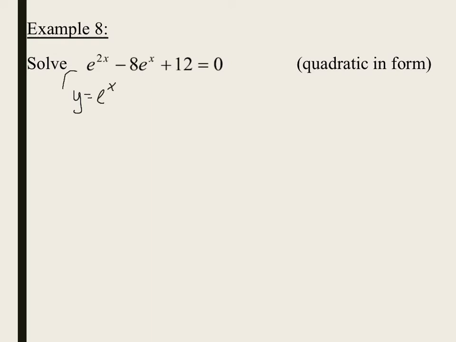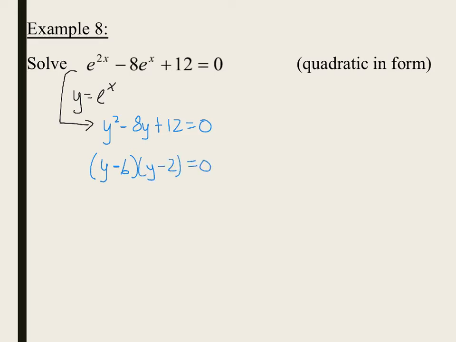And now I'm going to rewrite this equation as y squared minus 8y plus 12 is equal to 0. Now I can solve this by factoring. I have (y minus 6)(y minus 2) is equal to 0. So this means that y is equal to 6 or y is equal to 2.